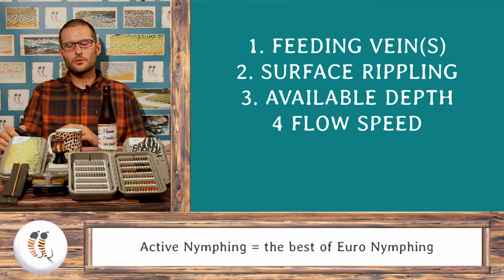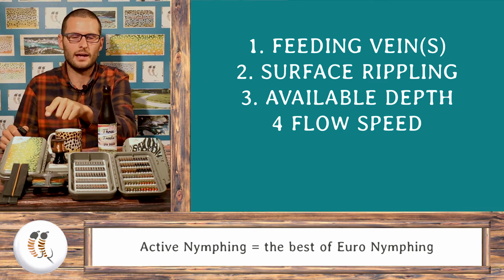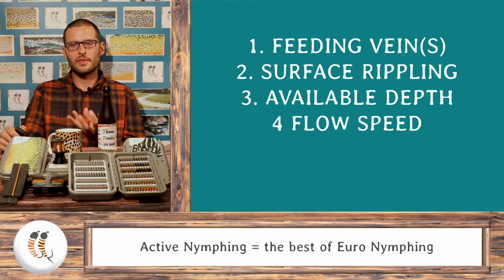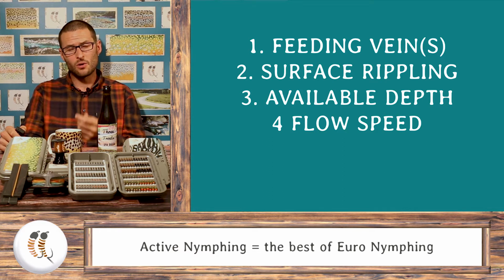If you are able to analyze these 4 points on any river, and if you use the indicator I propose and the collection of nymphs with weights, the ballast that you know, if you know how your nymph behaves on the water, you will be able to fish all over the world. So let's go for the first part of this video.